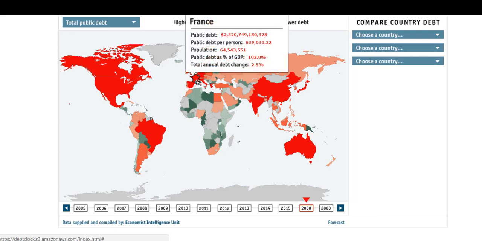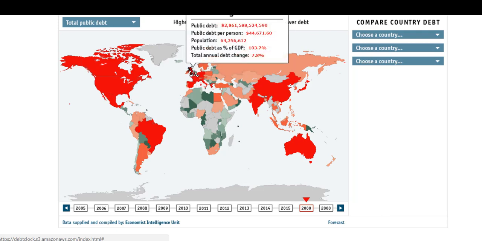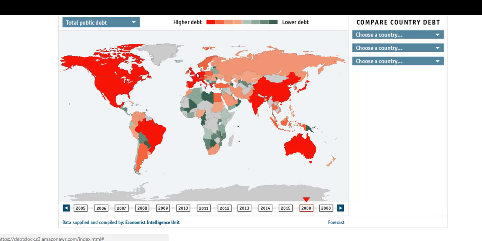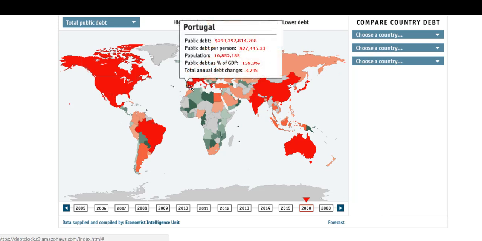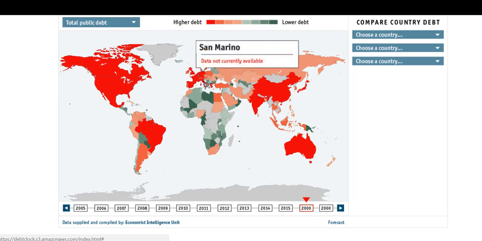Let's look at France. It's pretty much like the US. The UK too. Germany slightly lower, 86%. What about Portugal? 159%. That's why Portugal has some trouble financing itself through the issuance of debt.